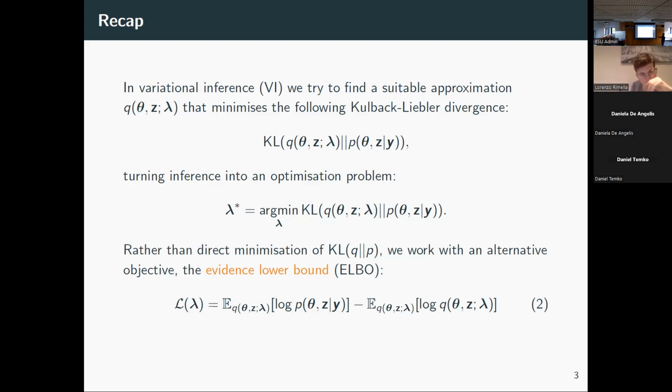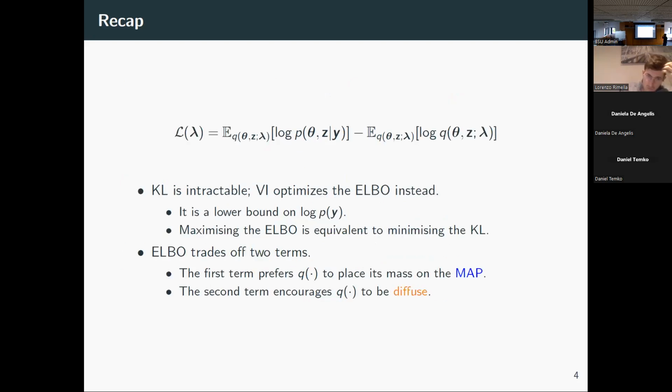Instead, we use something called the ELBO, which is a bound on the marginal likelihood. What the ELBO does, if you frame it this way, is it gets you the expectation of the log joint. So you can think of Q as trying to place its mass on the MAP, but then you're penalizing that so that Q has a more diffused density.